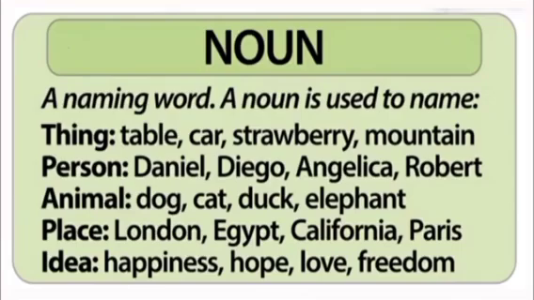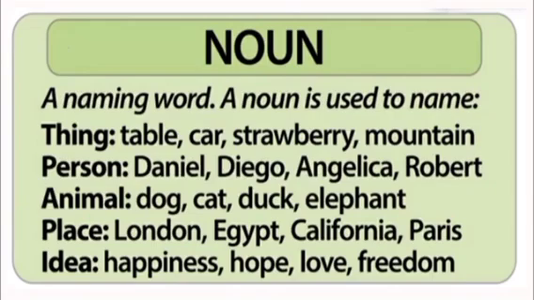A noun is a naming word. A noun is used to name a thing, a person, an animal, a place, or an idea. For example, we can name a thing: table, car, strawberry, mountain. These are all the names of things. We can name a person: Daniel, Diego, Angelica, Robert.